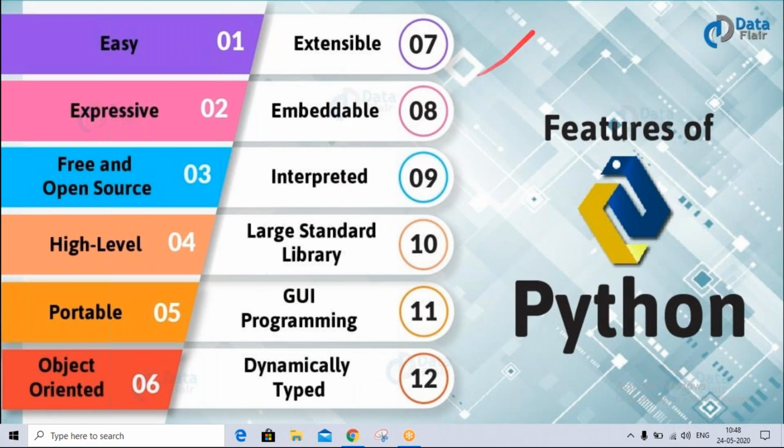So a GUI is nothing but a graphical user interface, and that can be built with the help of Python. And it has large libraries. Almost all the libraries for data science, NLP, and machine learning are present in Python.